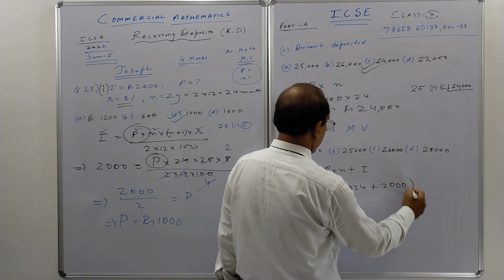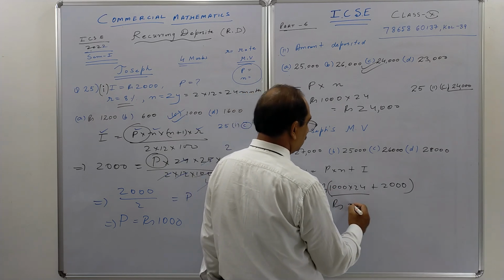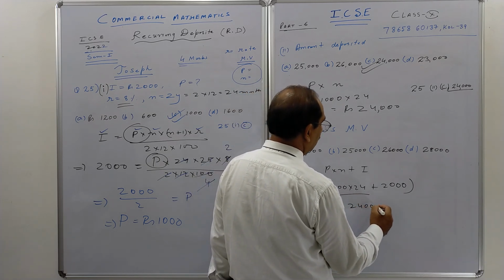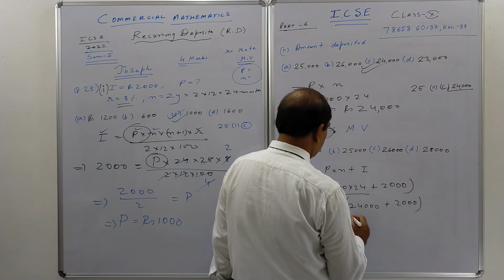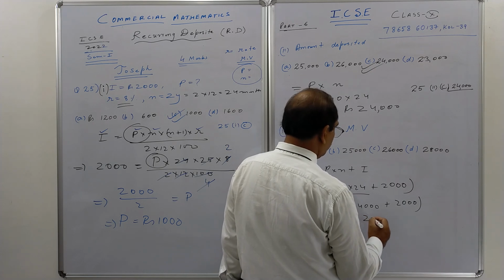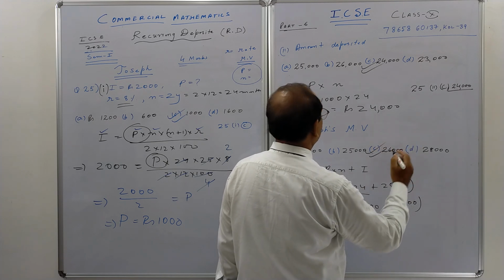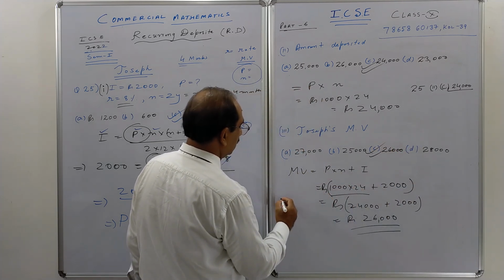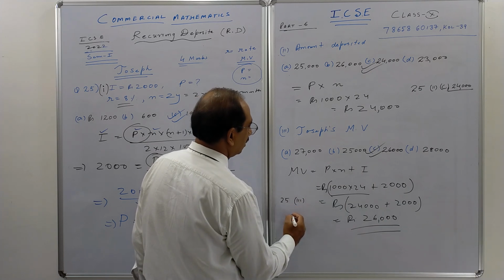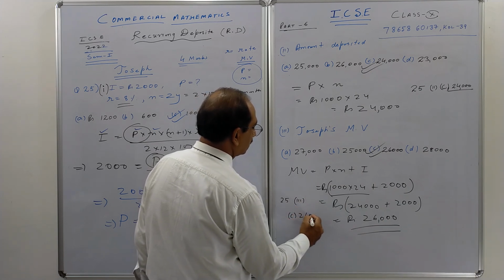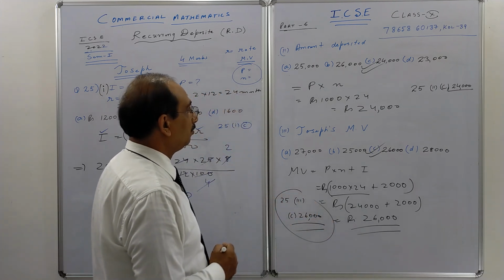So finally, I write rupees outside, he gets 24,000, his money back, plus 2000 interest by the bank. So he is paid back rupees 26,000 as maturity value by the bank. So the answer is 25 part 3, C, 26,000.